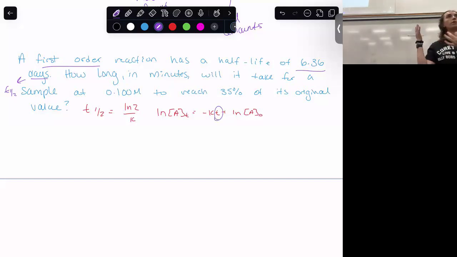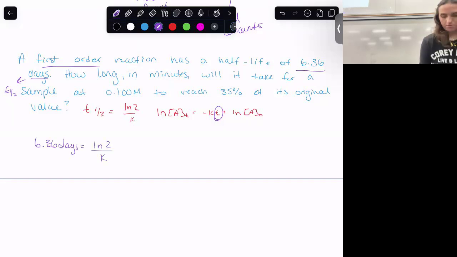We're given 0.1, which is A0, and 35%, so we know At, but we don't know K and we don't know t. So we can use the half-life formula and the half-life we have to solve for K. We take 6.36 days, and we get ln of 2 over K.